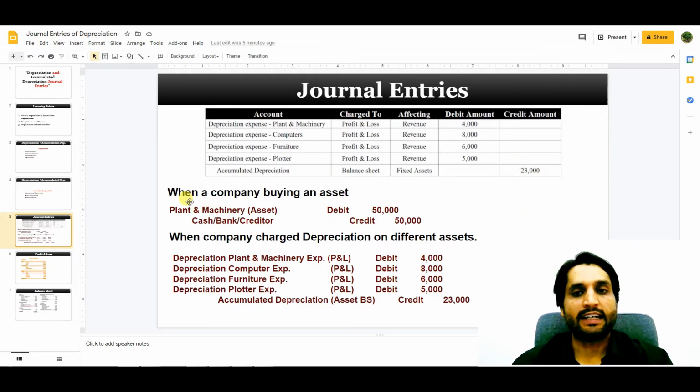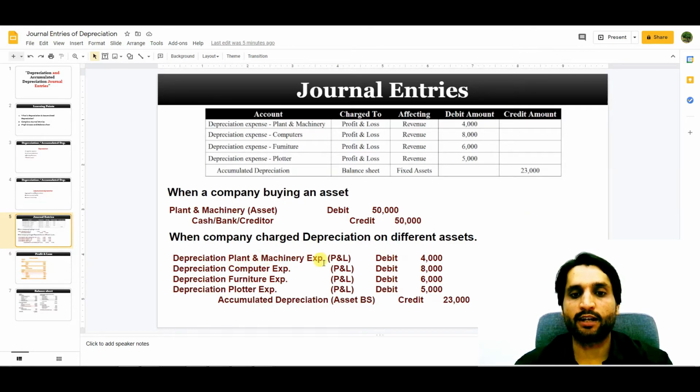Now let's see the journal entries. When a company buys an asset, the asset will definitely be debited, and cash or bank, or the creditor if we buy from a supplier on credit, will be credited with the total value of the asset. When a company charges depreciation on different assets, what entry do they pass, every month or annually?